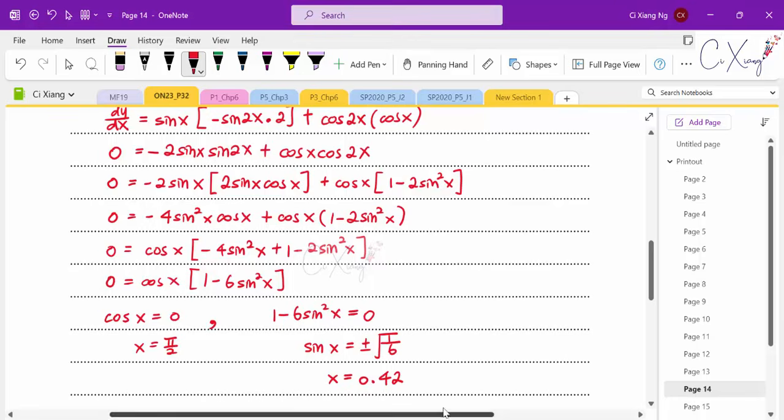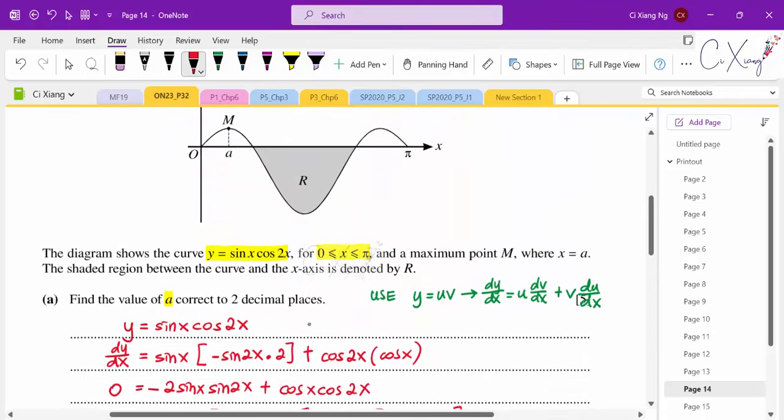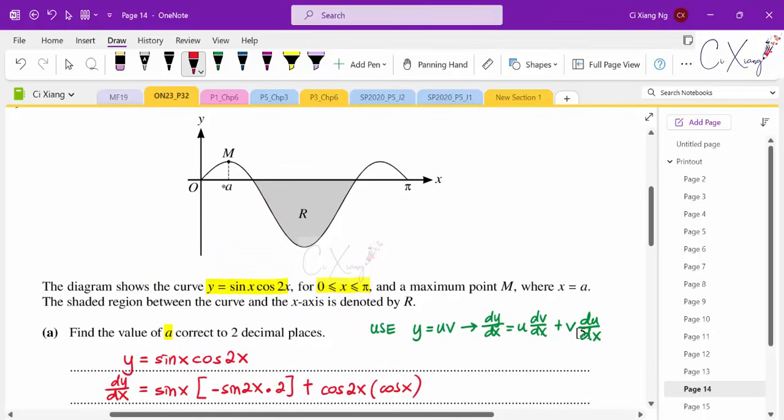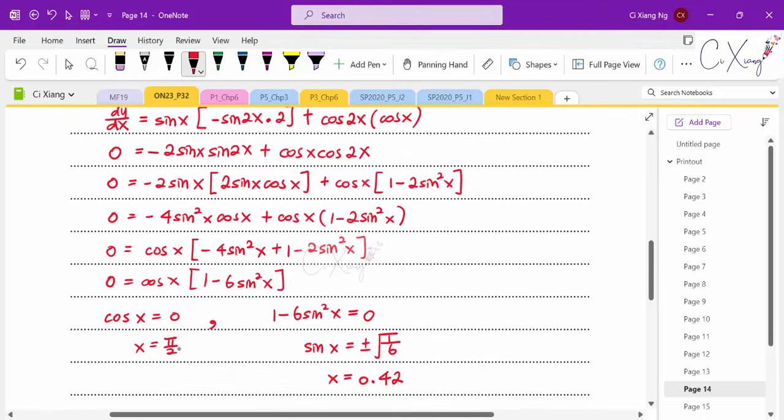So for these two answers that we get, right, which one belongs to A? So if you have a look at the diagram again, basically A is the first stationary point for the curve. This is the x coordinate for the first stationary point for the curve. Therefore, when you are getting the value of x, there are two values of x, we will accept the smaller one. So the smaller one will be 0.42.